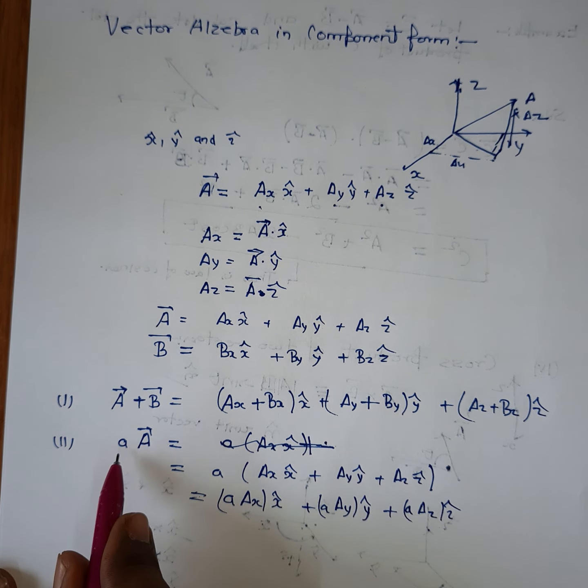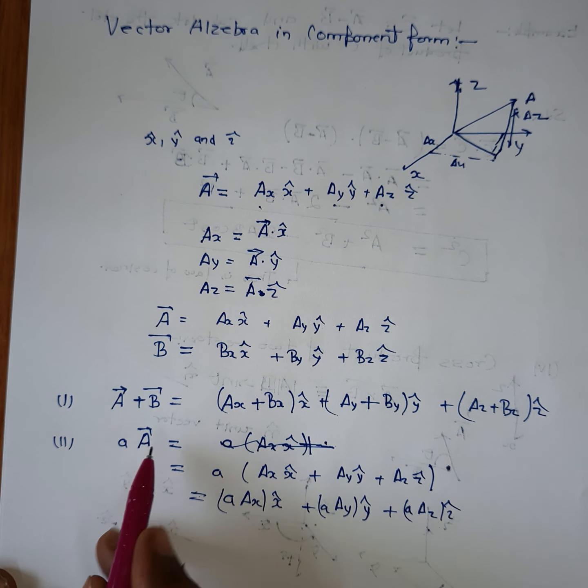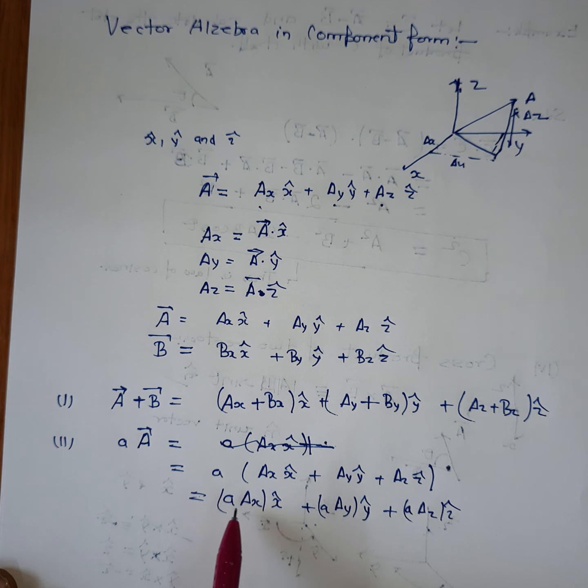So when you multiply a scalar quantity with this vector, you just multiply this scalar quantity with all its resolved components.